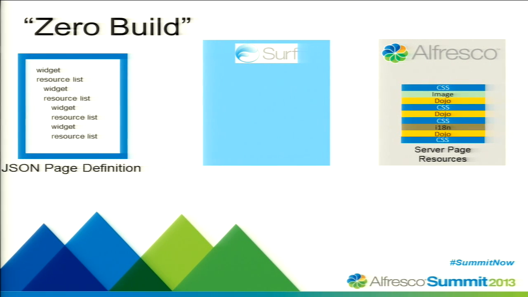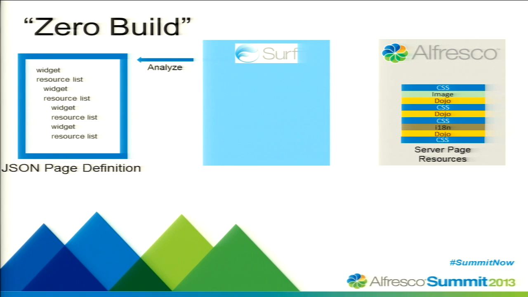Now, one of the things that we talk about with the new Share is something called zero build, and this has to do with how the caching works. So the idea is that instead of making a bunch of calls back to the server to get different things, here's what happens: you set up a page, and the page is defined with some JSON, and Surf gets invoked basically through some servlets that are based on the URL that you give it.